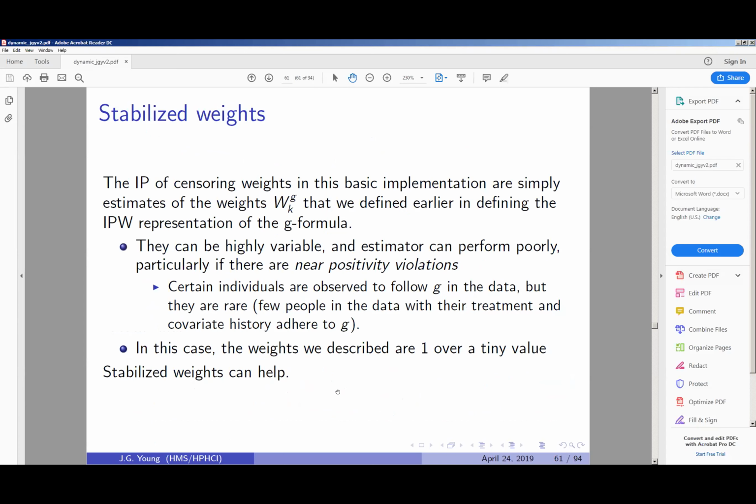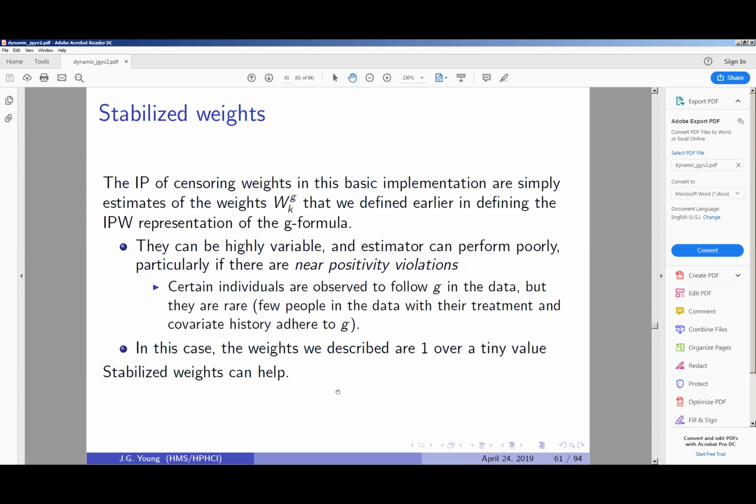So that's a very long description, but there are variations on this. For example, in this basic implementation, which basically just set the weights in the procedure to be estimates of those WKGs, which is just 1 over the probability of adhering to the intervention given your data, and 0 otherwise, these weights can be highly variable because the numerator is always going to be 1.